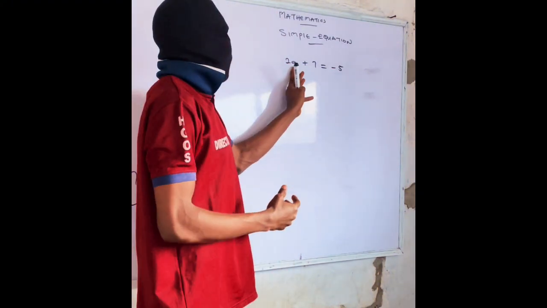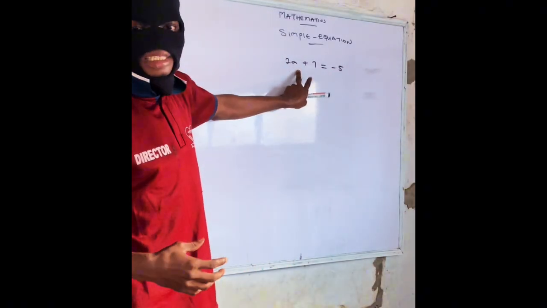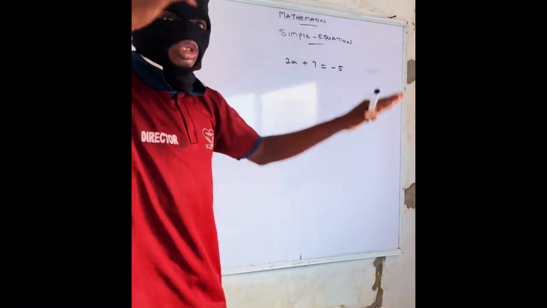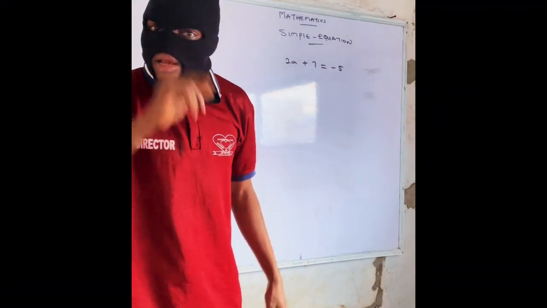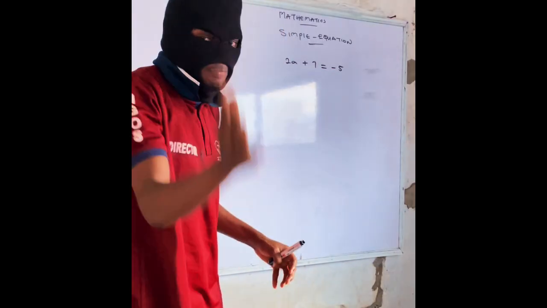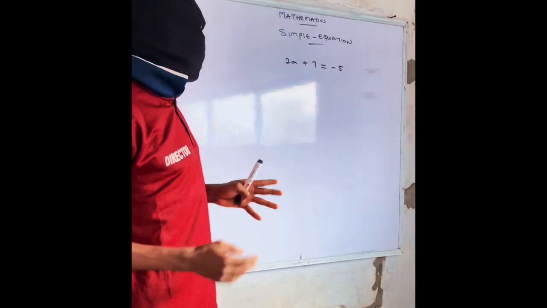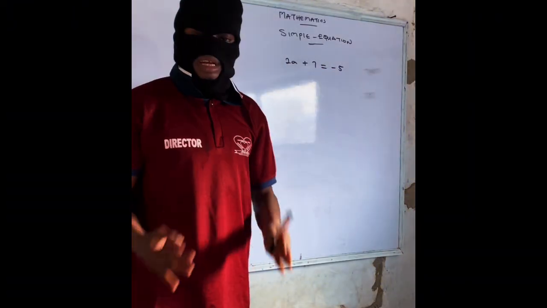Now you have 2a plus 7. You cannot add them together because this has a letter already. This is a number, even though it should be 100a. But since that a is there, it's already classified as a letter, another part. But this 7 is a number. Now look at this. 2a plus 7, they are in another country. Minus 5 is in another country.